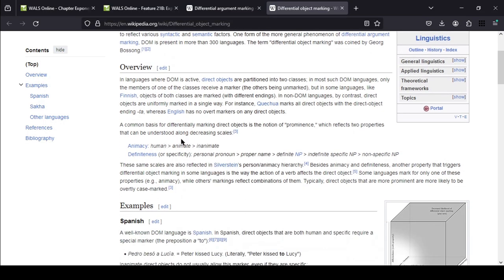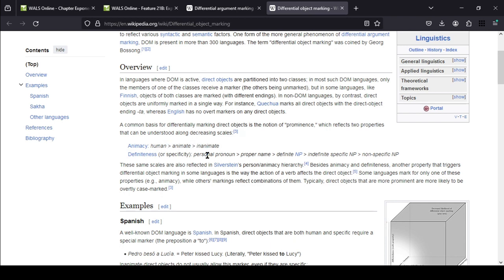A common basis for differentially marking direct objects is the notion of prominence, which reflects two properties that can be understood in decreasing scales. Oh, yeah, like in Spanish, if it's a human, you put a marker, I think. So if it's a prominent object, as in like a more animate object or a more definite object, it gets marked.